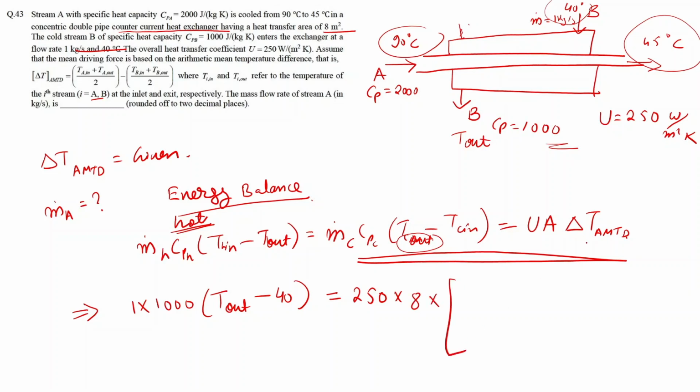into, now we can find the delta AMTD. So that is equal to TA in plus TA out by 2. So it will be equal to 90 plus 45 by 2 minus TB in is 40 plus T out upon 2.